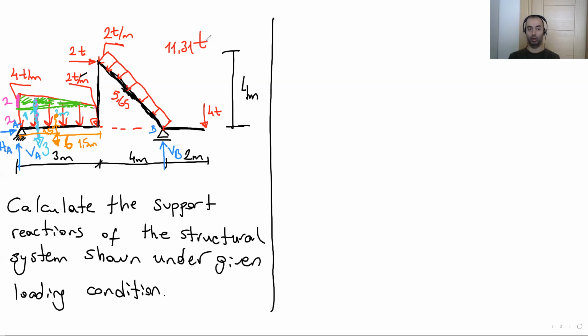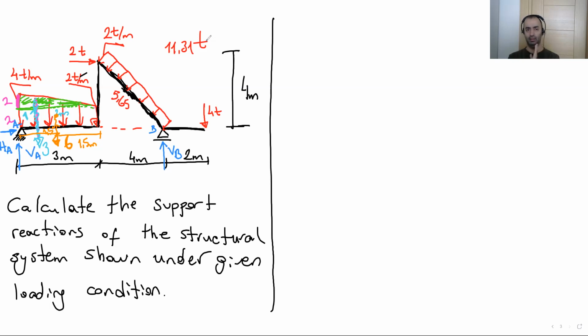Do you want to draw the distributed or concentrated load location on the sketch? Do you have an idea? We have to understand this logic. That's why I'm asking this question. You don't have to memorize anything.